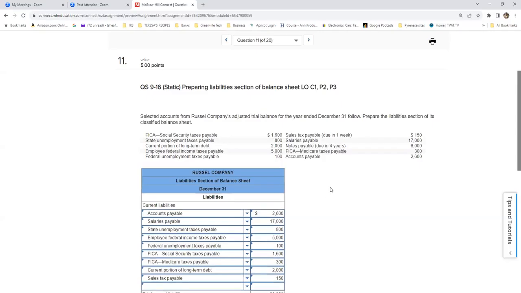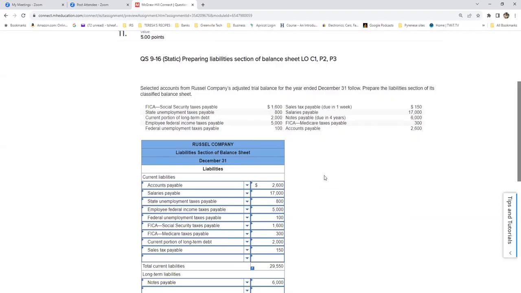On the next one, you're going to show the current liabilities on the balance sheet. This should be pretty straightforward. Out of what I'm looking at here, current portion of long-term debt will go under long-term liabilities.